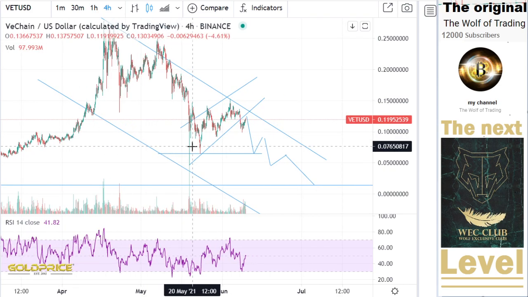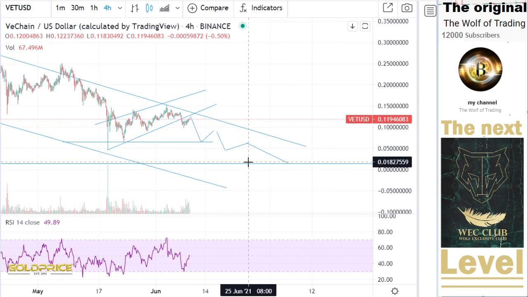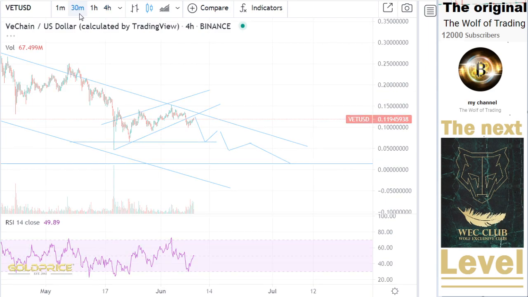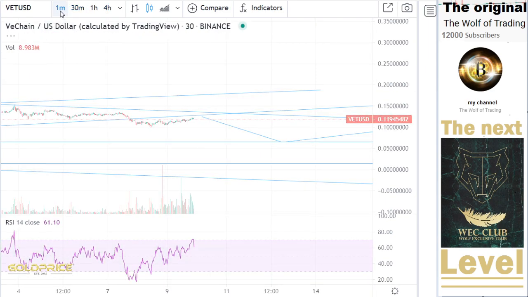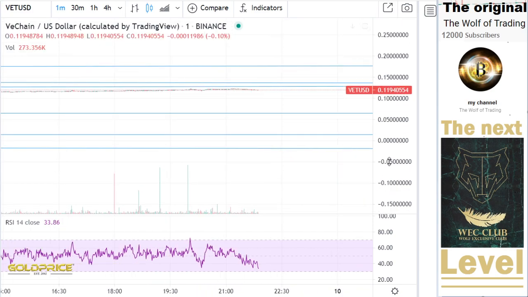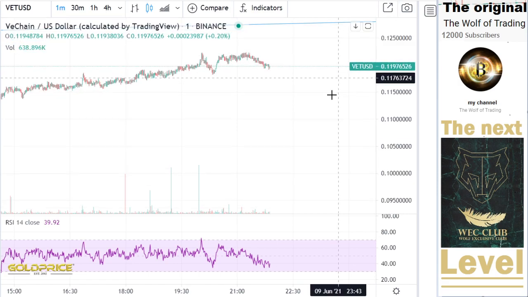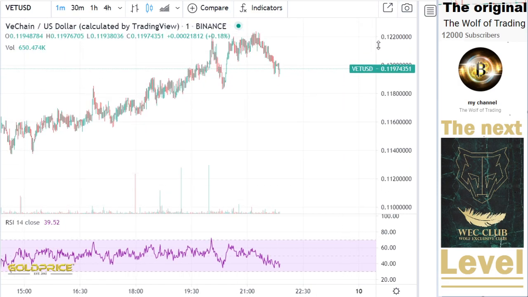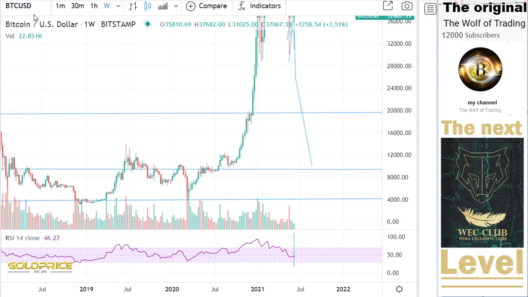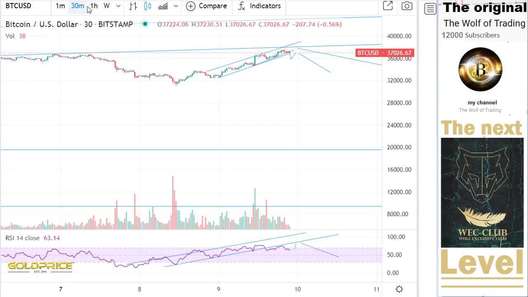We recognize that we are still in a negative channel, and even if I zoom here very close, you can recognize that something is happening here, especially if you look at the Bitcoin price.